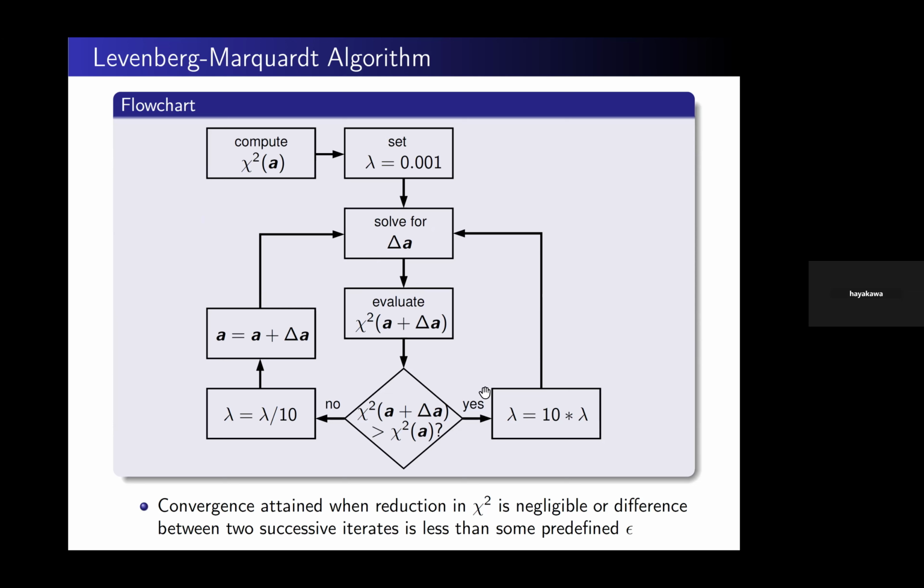So you're multiplying all those diagonal elements by 1.001, slightly changing them. And then you solve for your delta A. You compute your chi-squared at that step, so that's your n+1 step. And did you get better? Maybe you didn't. Maybe you moved to a place that didn't improve chi-squared. In that case, hit that lambda by a factor of 10.